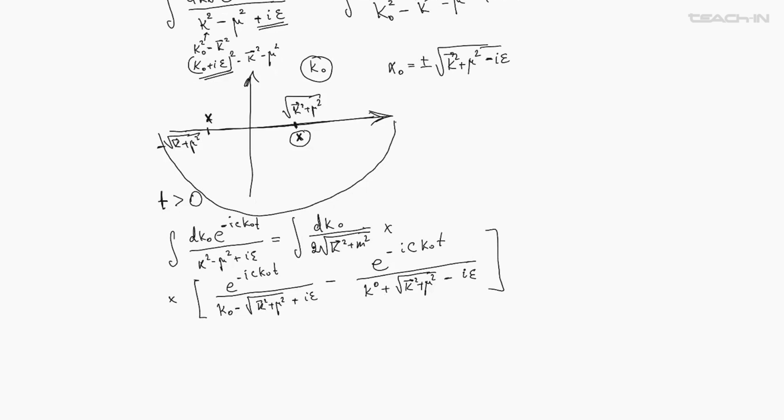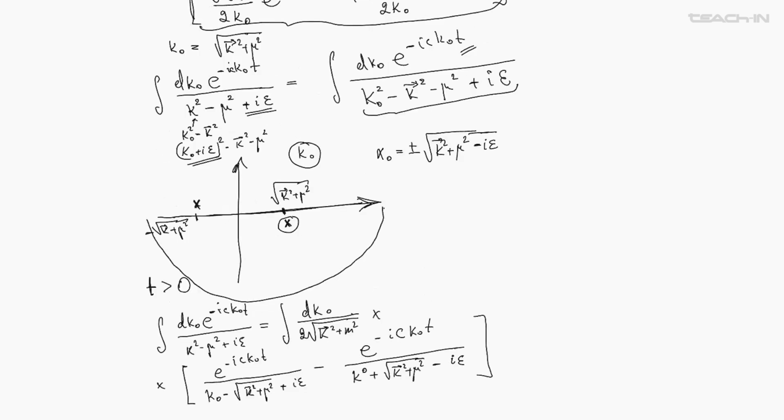So for the pole condition, I have now to take the square root to get k0, and then i epsilon will be under the square root this time, right? But epsilon is small, and so I can write, for small epsilon, plus minus square root of k squared plus mu squared minus plus i epsilon.